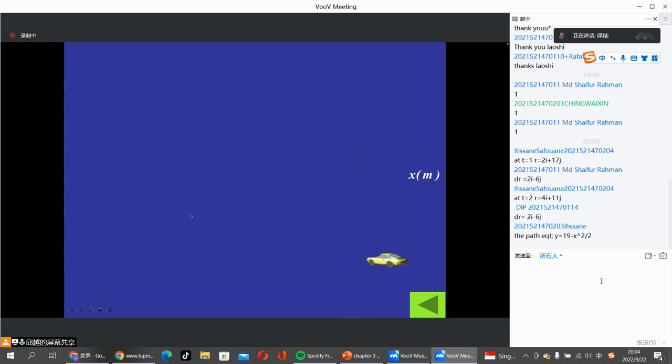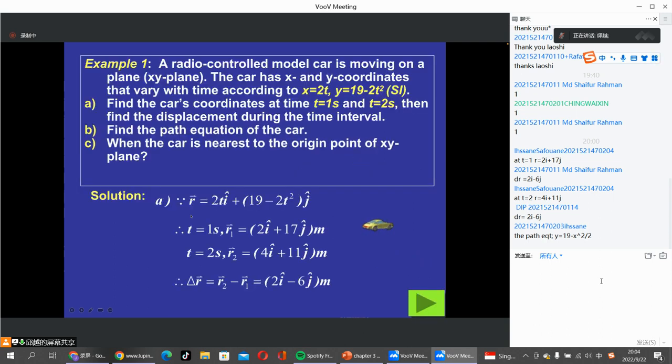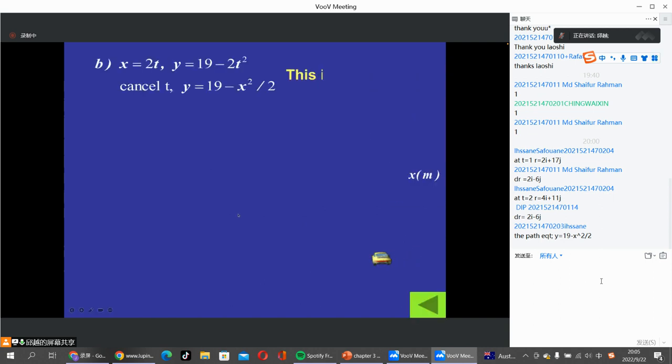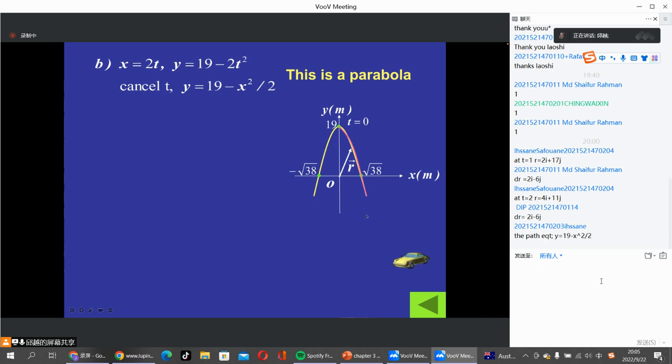And for problem C, when the car is nearest to the origin point of the XY plane, this one is a bit difficult for you. We have drawn this picture on the plot.